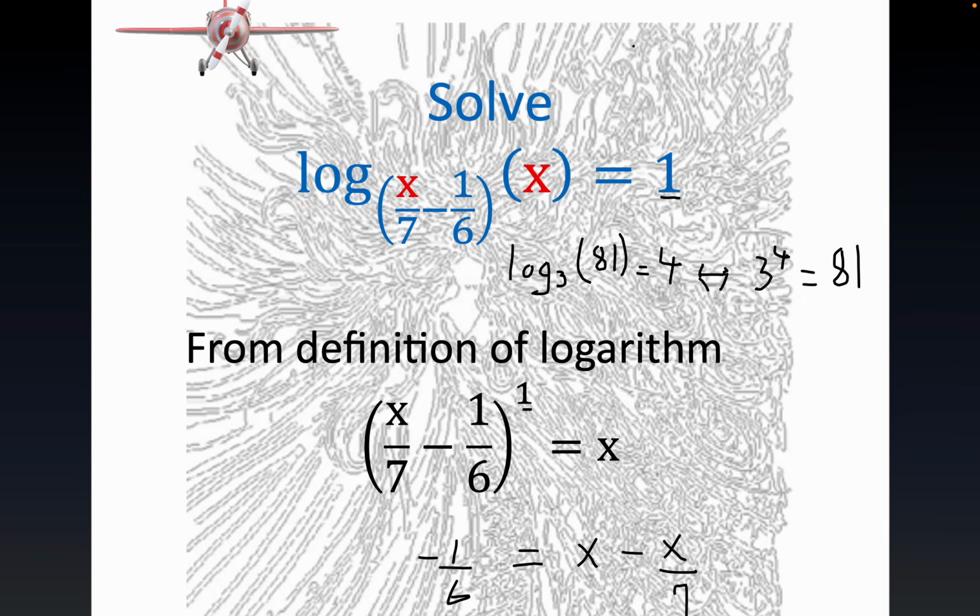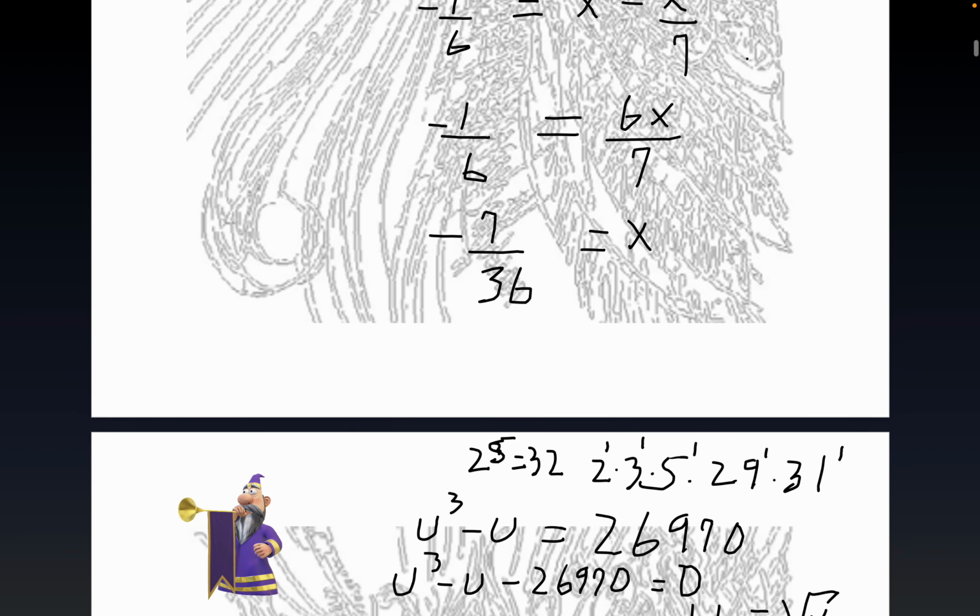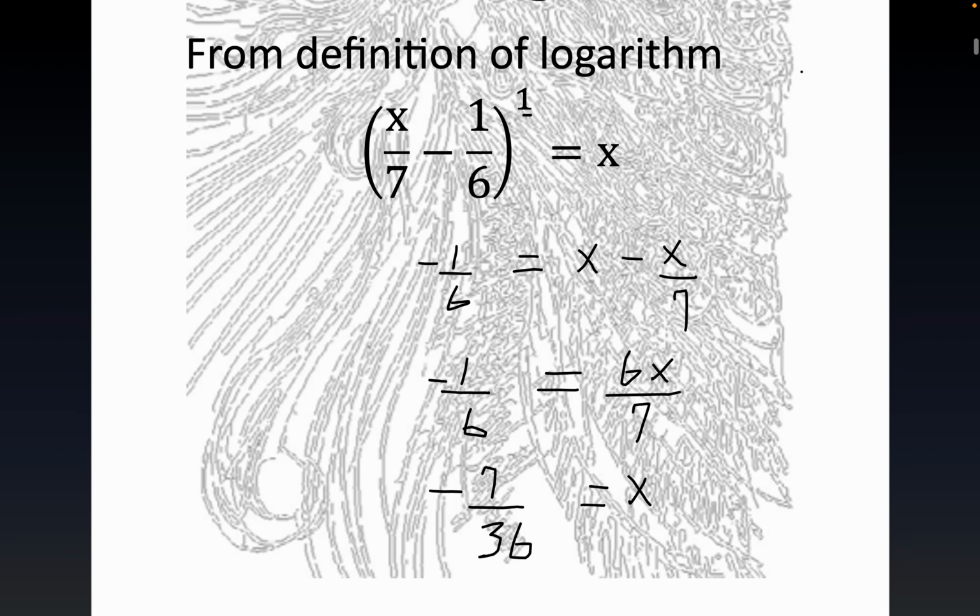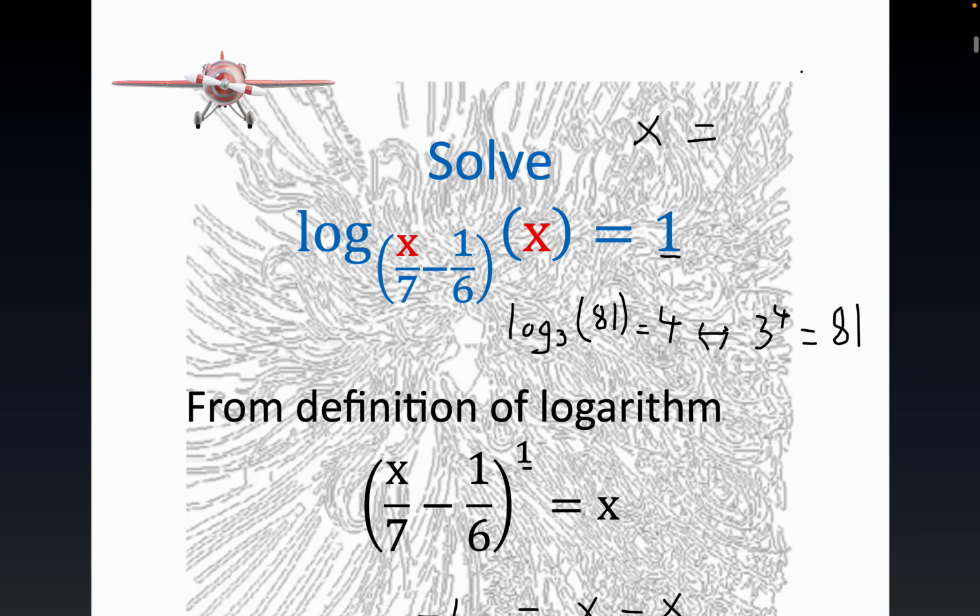So the solution is x equals, what did I get? Minus 7 over 36. And y'all, again, you can verify that when you put minus 7 over 36 in right here, you actually get the number back.